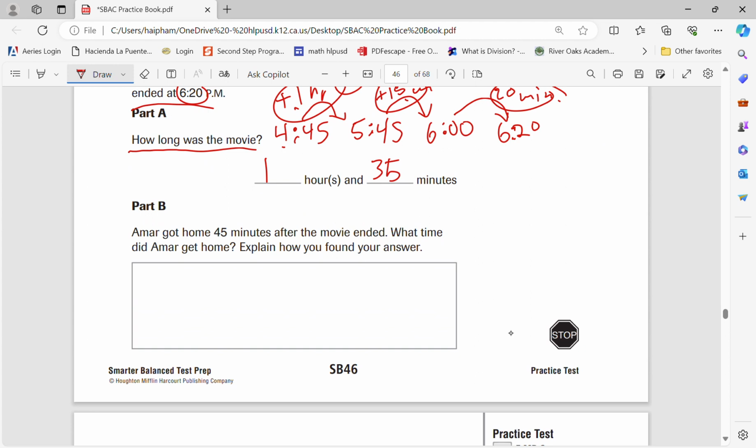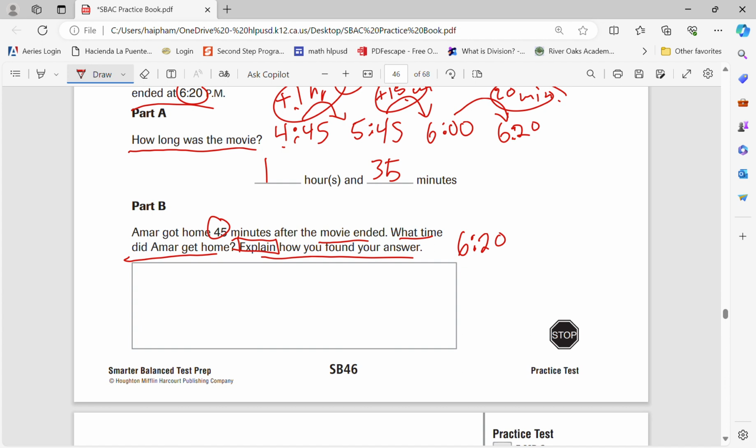Amar got home 45 minutes after the movie had ended. What time did Amar get home? Explain how you found your answer. Again, it's crucial to explain when you're asked to do so. So, we know the movie lasted 1 hour and 35 minutes. So, if it ended at 6:20, let's go ahead and create another open number line and start at 6:20.